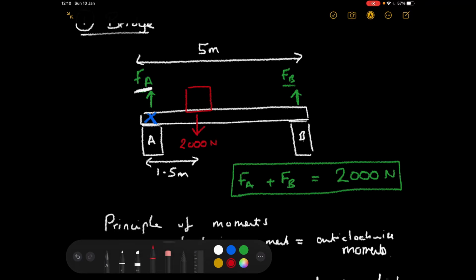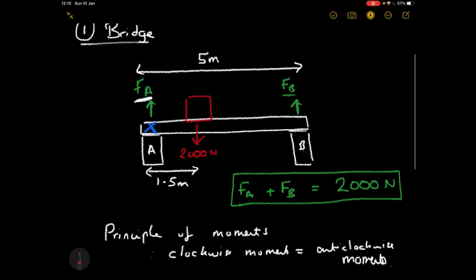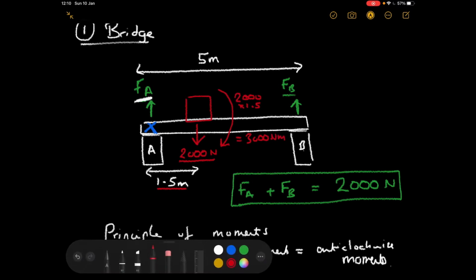So let's look at what we have. We've got a moment pulling in this direction, which is 2,000 newtons times 1.5. And so 2,000 newtons times 1.5 is equal to 3,000 Newton meters.